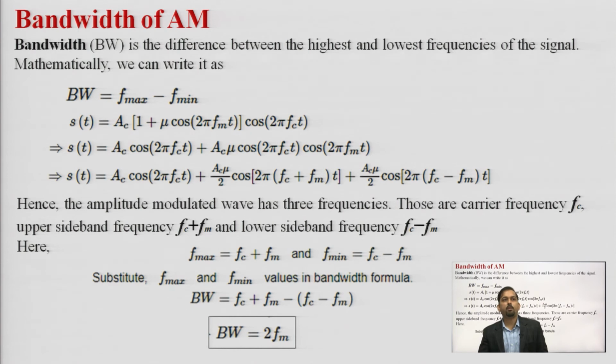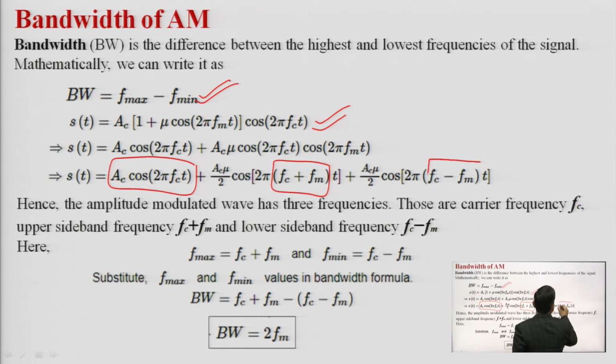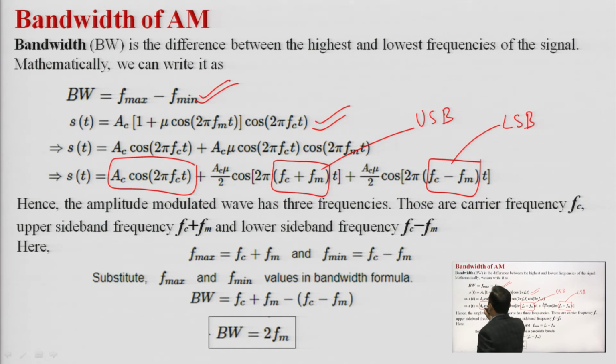Now, the bandwidth is a range of frequencies, meaning F max minus F min. If we expand the equation of AM, we get three factors. One is the carrier itself, the second contains fc plus fm, and the third contains fc minus fm. These are called the upper sideband (USB) and the lower sideband.